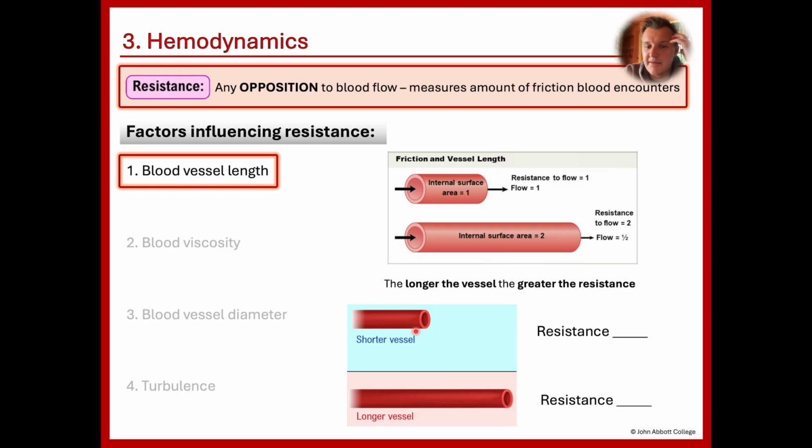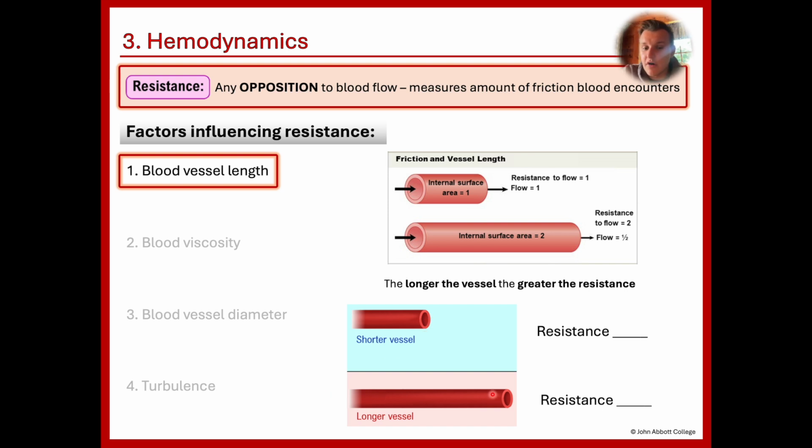Think of it this way. If I have a short hose that's attached to the tap, the garden hose that's attached to the tap, and I turn the tap on. At the very end, this will be a short vessel. So the high pressure here will be just a little bit less high over here, but it'll still be strong, right?